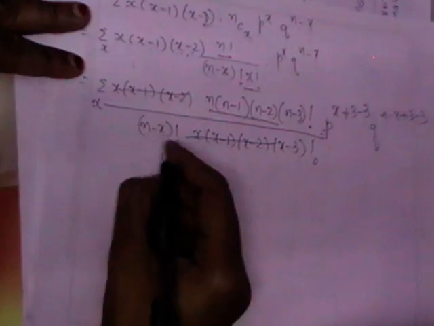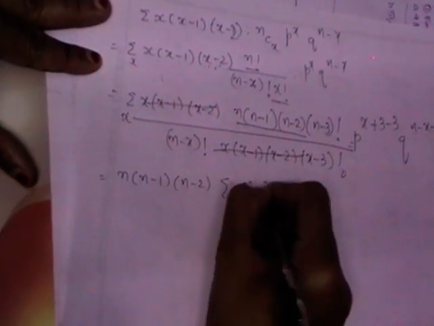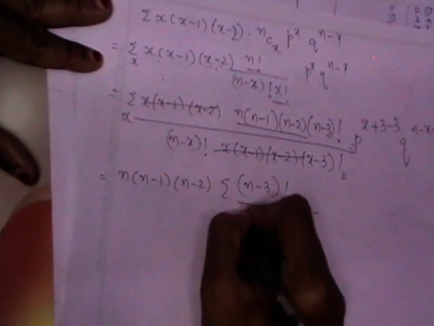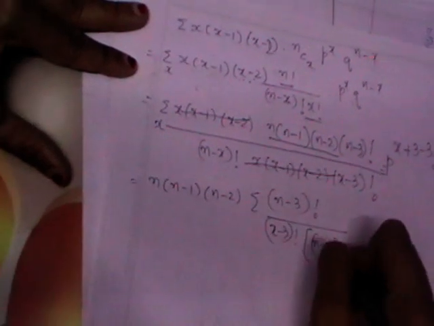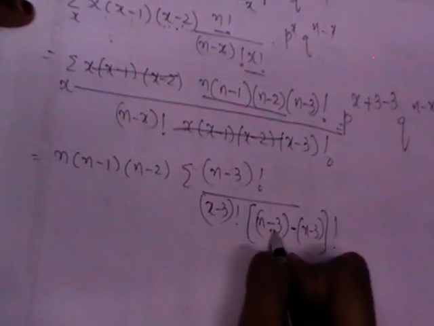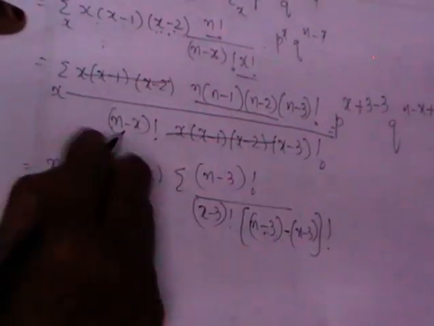So here, as x is a variable, you can take these three terms out of the sigma: n into n minus 1 into n minus 2, sigma n minus 3 factorial by x minus 3 factorial. Here also you add and subtract 3: n minus 3 minus x minus 3 factorial. So this is nothing but minus 3 minus of minus plus 3. If I write n minus 3, x minus 3, I will get n minus x only. So I am writing this in terms of n minus 3 and x minus 3.